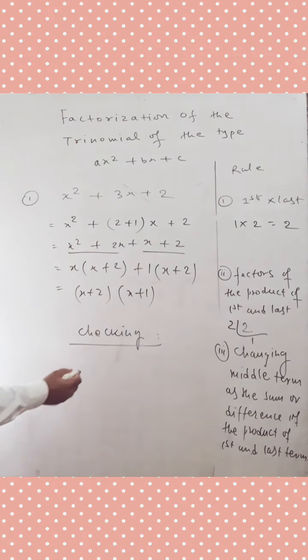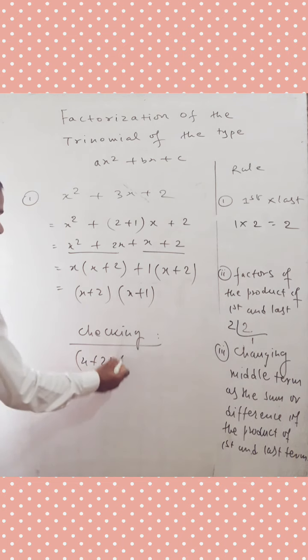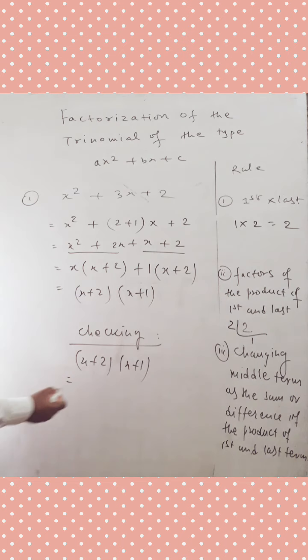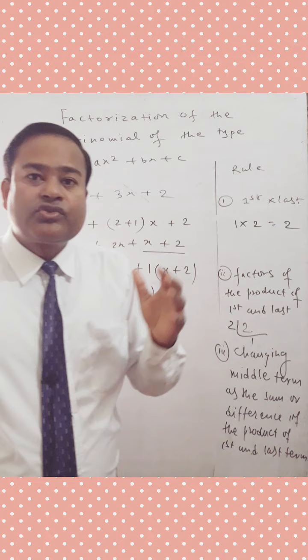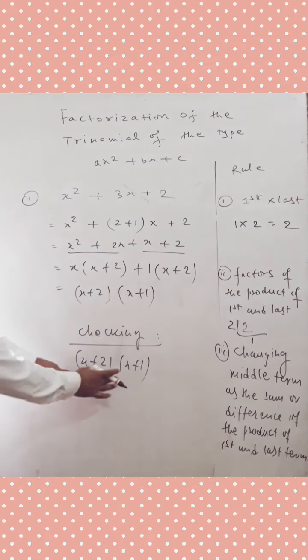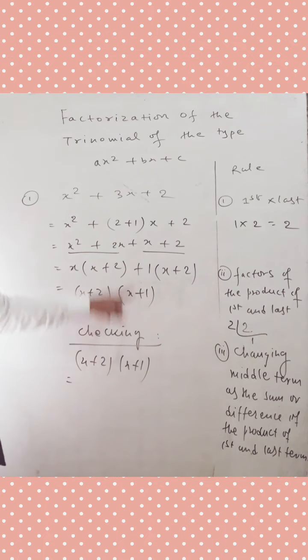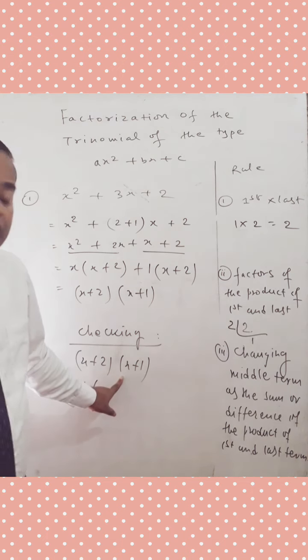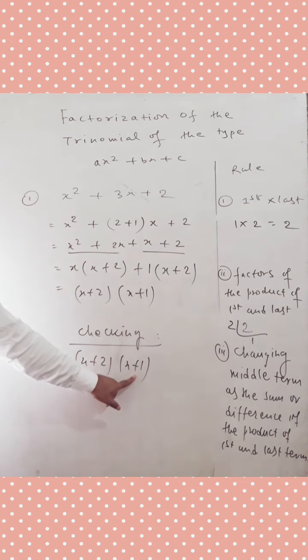So let's do checking. When we multiply the 2 factors, we again get x squared plus 3x plus 2. This is according to the rule of multiplication of binomials.